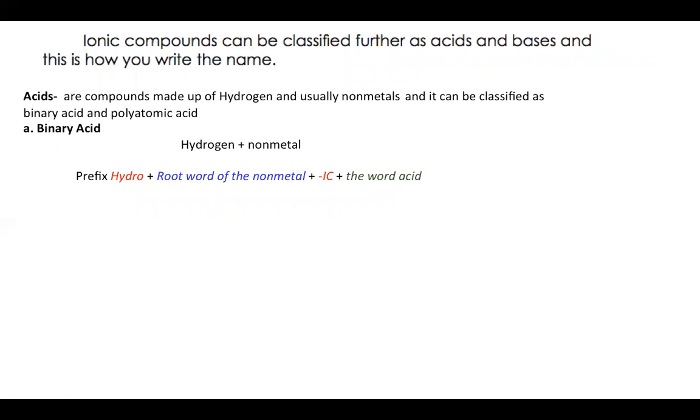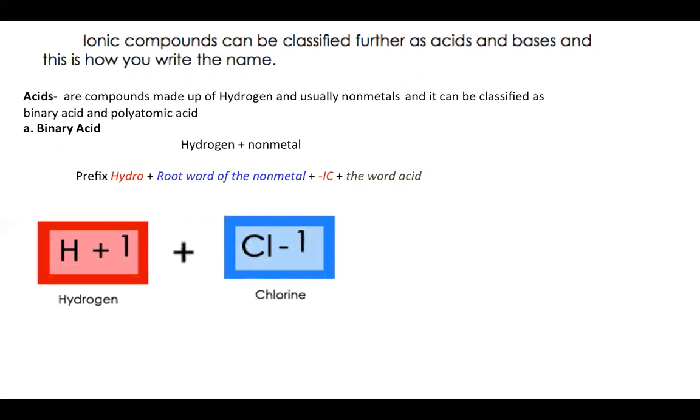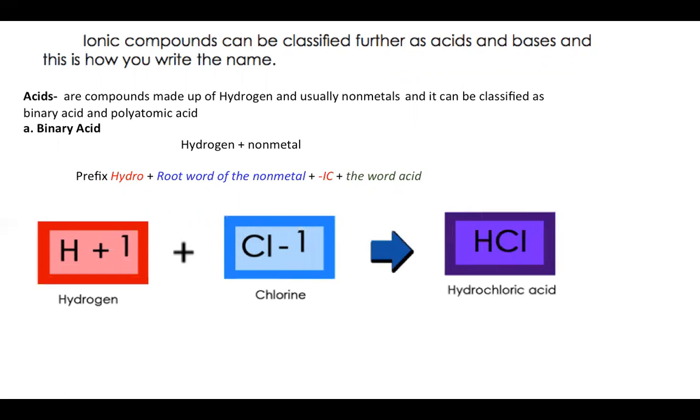Okay? Then you have to follow this, hydrogen plus non-metal. So you have to use this rule: prefix hydro, plus root word of the non-metal, plus IC, plus the word acid. Example, you have hydrogen as the first element plus chlorine as your non-metal or your second element. This would be your hydrochloric acid. Why hydrochloric acid?